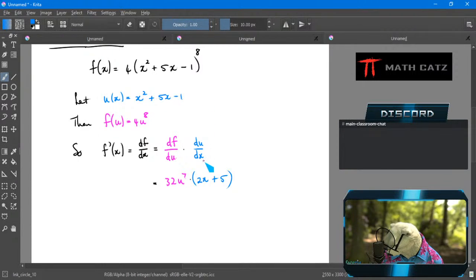Look at the properties involved in the blue one. All basic properties. Sum difference property, constant times a function, power rule, constant property, done. Yet I am able to handle more complicated functions. So the chain rule really gives me a way to systematically find the derivative of a more complicated function by doing my simple properties. It tells me how to piece them together.